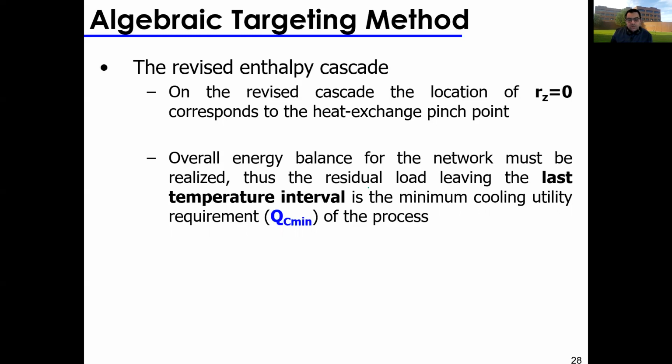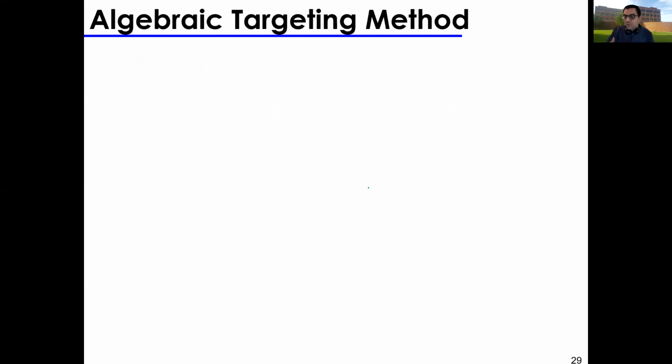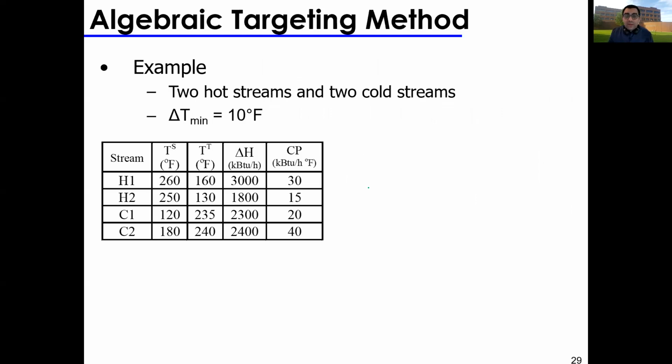But what really needs to stick with you is the procedure on how to build the graphical method for building your composite curves, determining your QC-min, QH-min, and your algebraic method, the procedure as well for building your enthalpy cascade. So let's have a look at an example, and we'll just go through this example and follow these steps. And really, you need to know these steps for everything you do in terms of algebraic targeting. Okay, the steps will always be the same.